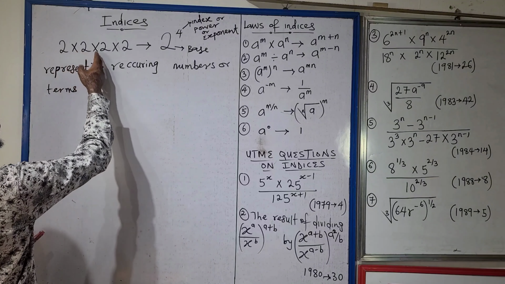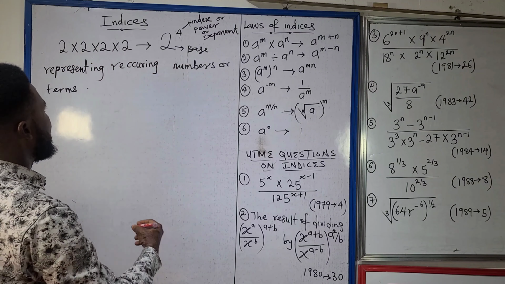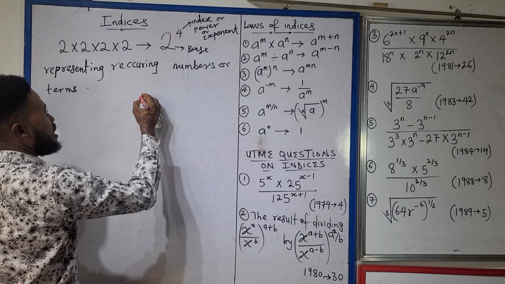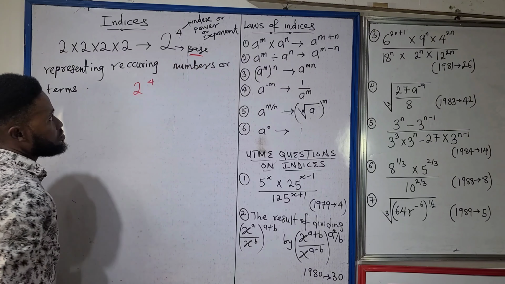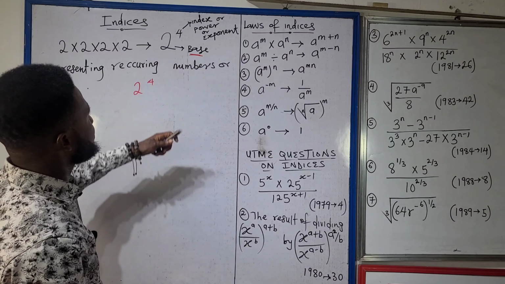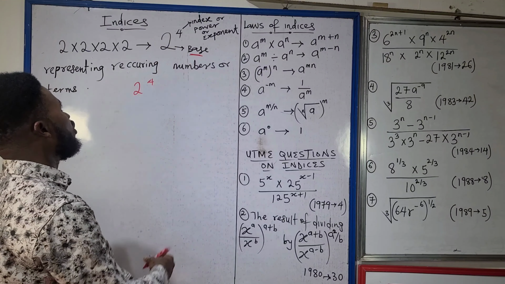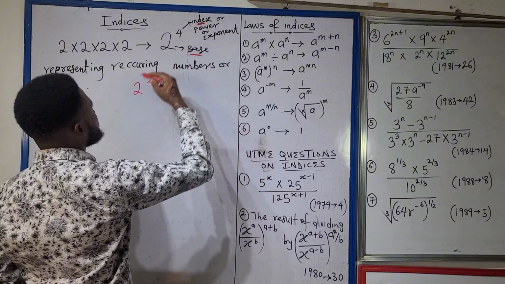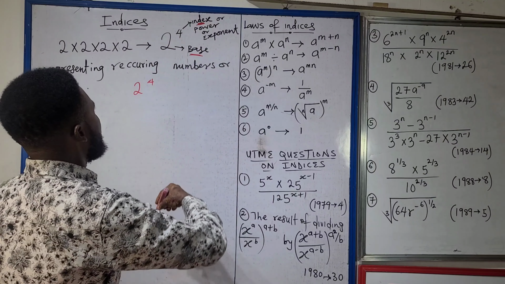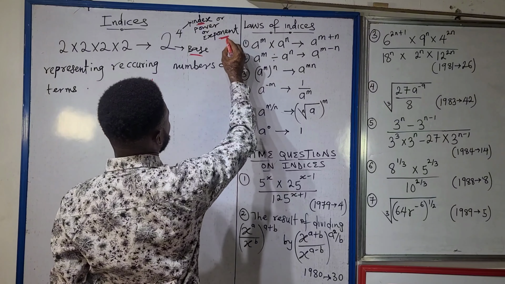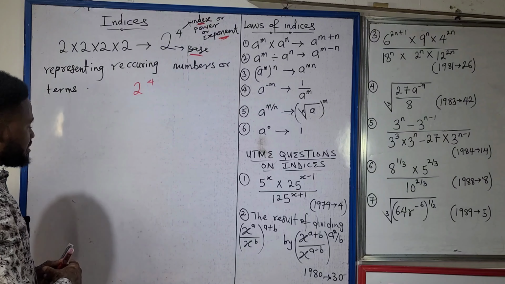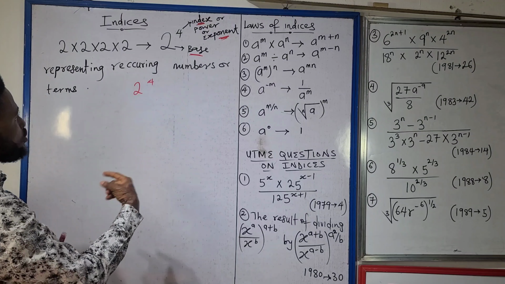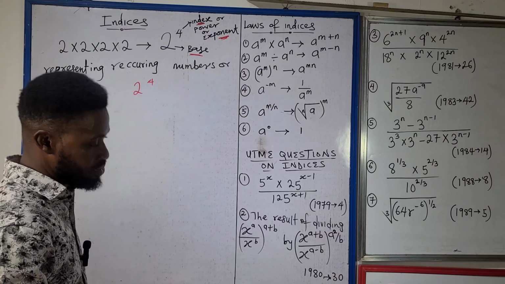So you see 2 reoccurring 4 times, and that gives us 2 raised to the power of 4, where 2 is the base, and then 4 is the power, or what we call index, which is the plural form of indices, and we can also call it exponent. So that is just indices. It's a way of representing recurring numbers or terms.